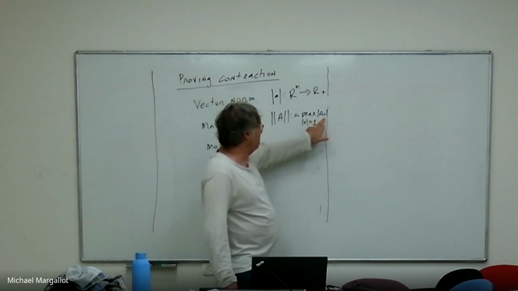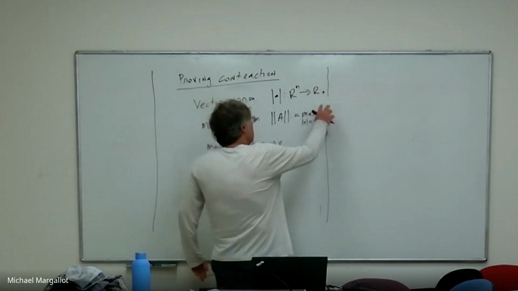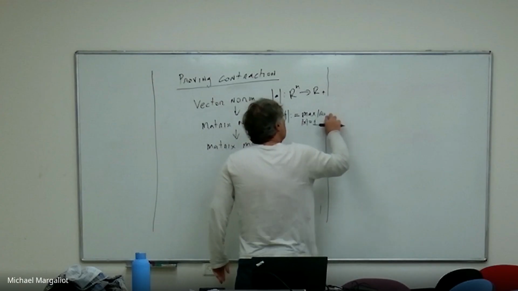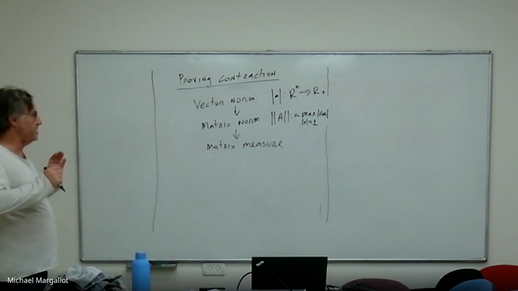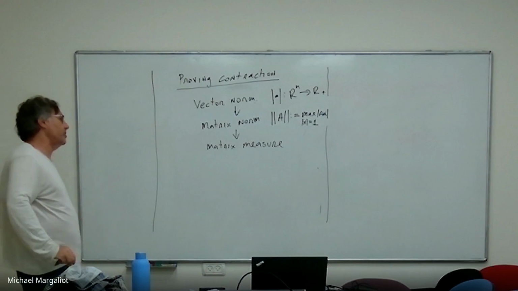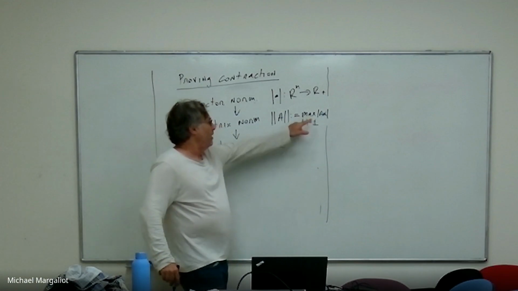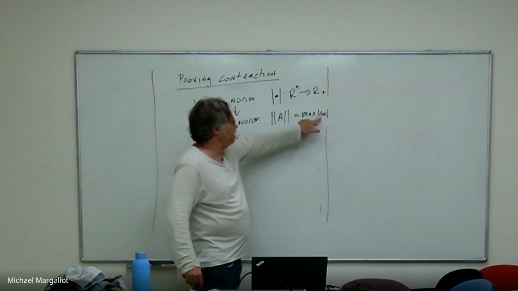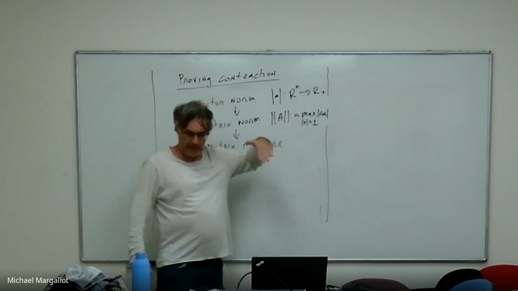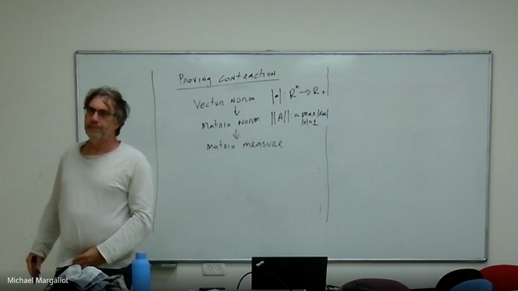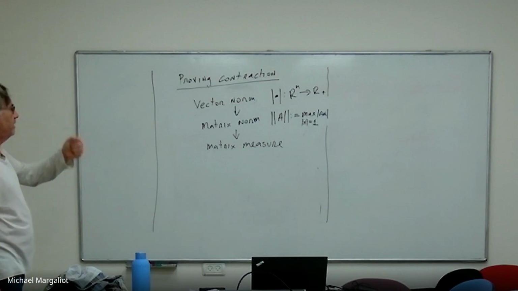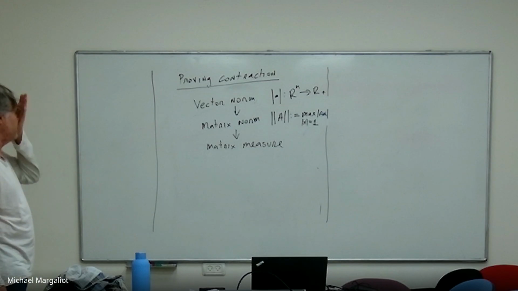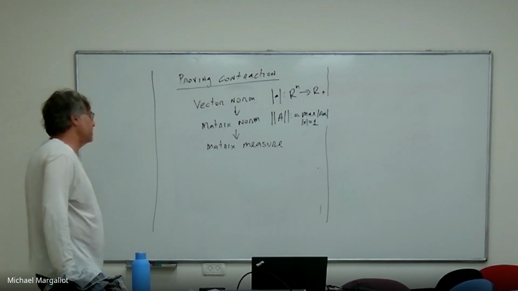Then we multiply A by x, we get a vector. And for this vector, we compute again our vector norm. So intuitively speaking, this is the maximal magnification we can get in the vector norm when we multiply a vector x by A.